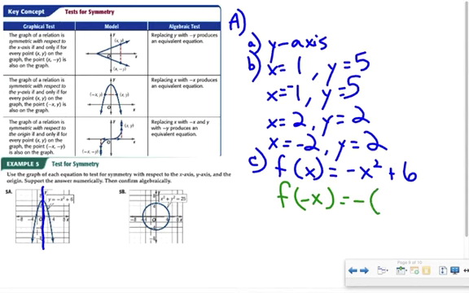So let's work that out. Okay, so if I have negative x and I square it, it becomes x squared. I've still got this negative sign in front of it, plus 6. It's an equivalent equation. So I have just confirmed this algebraically.